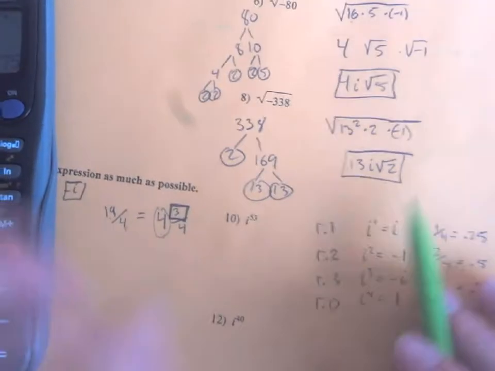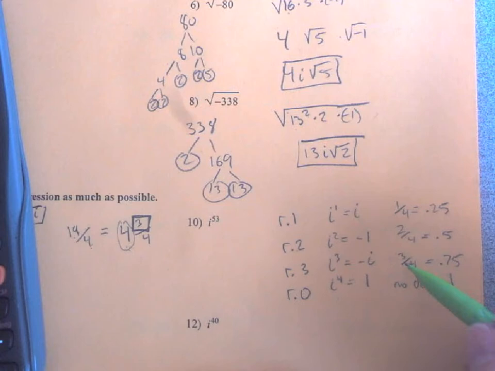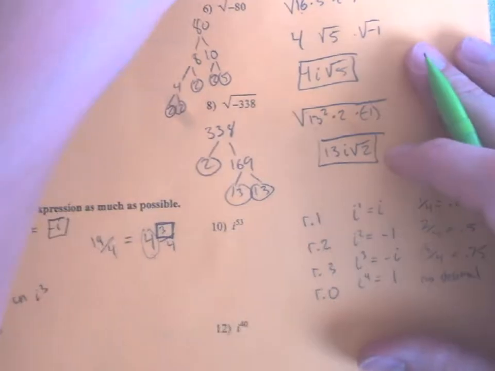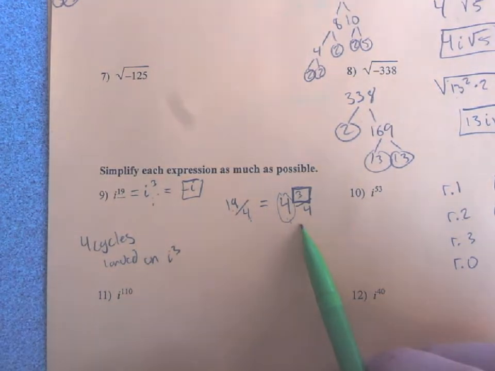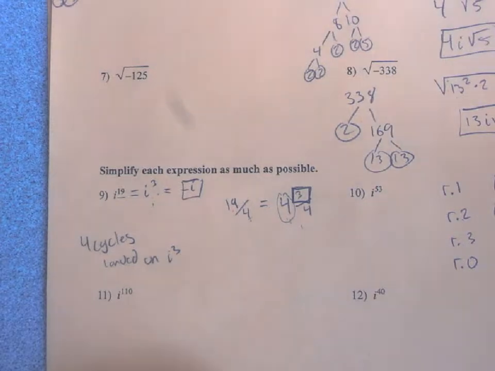Sorry, you can't see my pencil. Let me back it up. That's 4 3/4, right? And so the remainder that we're talking about is 3. So lots of ways to do this. I think the best way is probably to turn this into a mixed number, or to divide it and see what your remainder is. But that remainder is going to tell you the power of i.